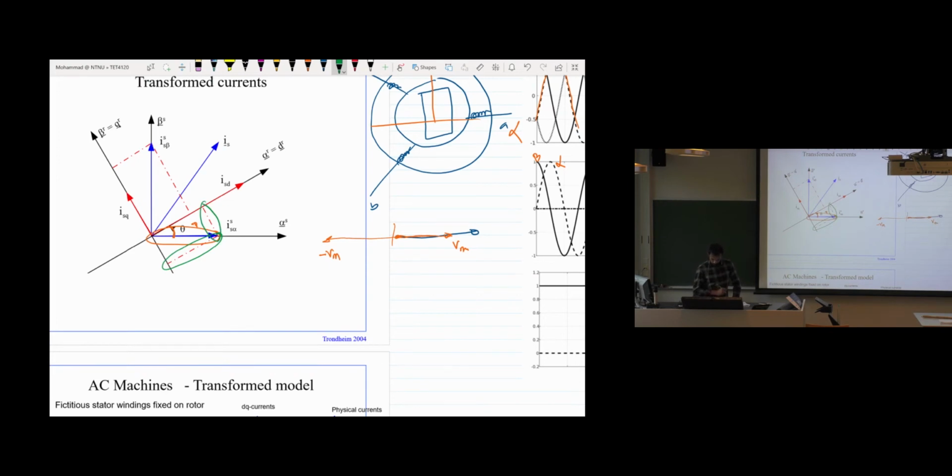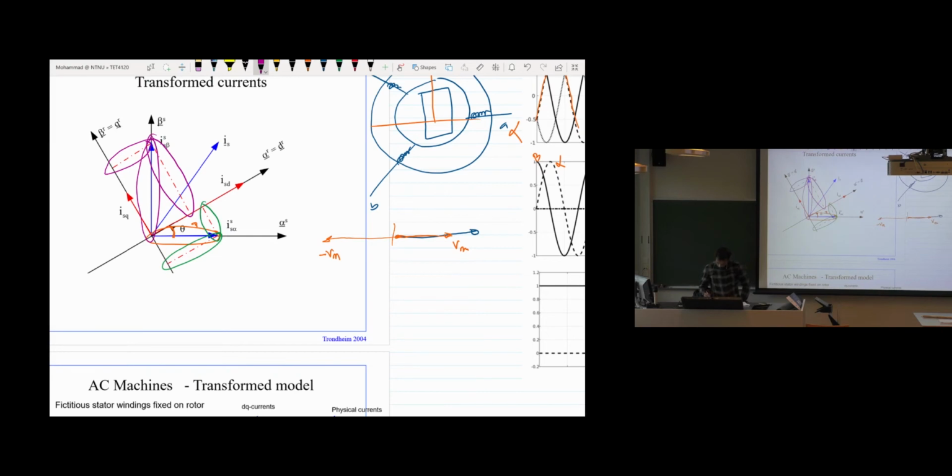Similarly, we have the beta component, and for this beta component we get two other components, one in the d and one in the q component. It's according to the trigonometric definition. We have this alpha component, and we can have it in the d and q axis orientation, based on theta here.